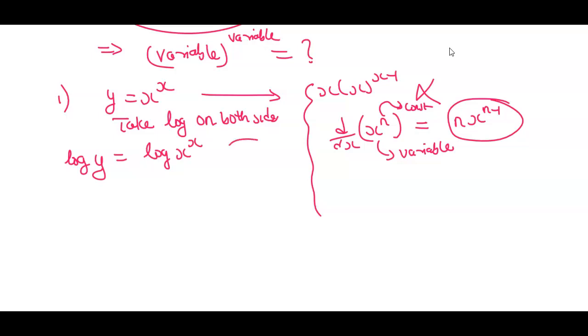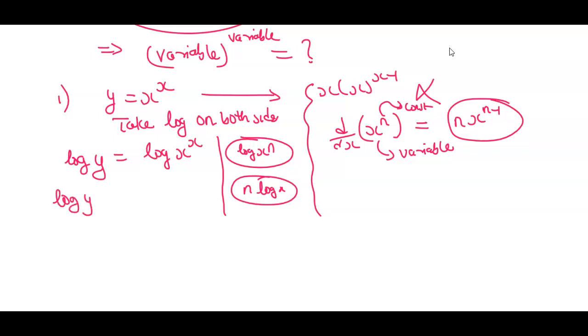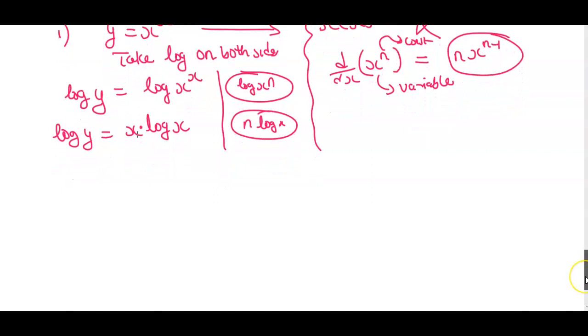Now you can apply the formula like log x to the power n is nothing but n log x. Applying that formula, this is going to be like log y is equal to x log x. Now I can see the two functions, product of two functions, one is the x, another is the log x.